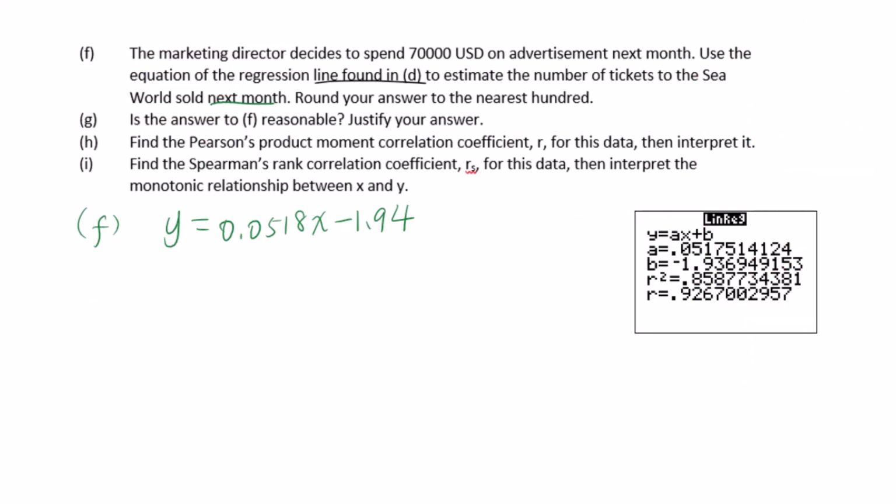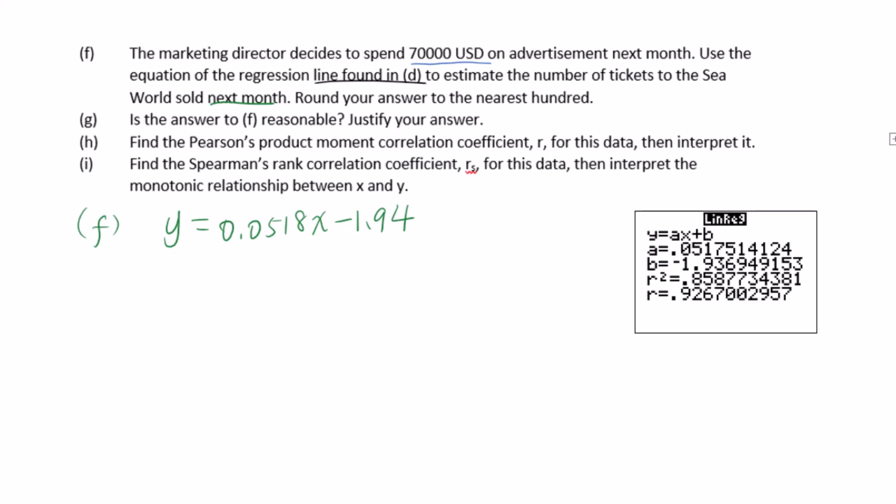Let's go to F. The marketing director decides to spend 70,000 US dollars on advertisement next month. Use the equation of the regression line found in D to estimate the number of tickets to be sold next month. Round your answer to the nearest hundredth.